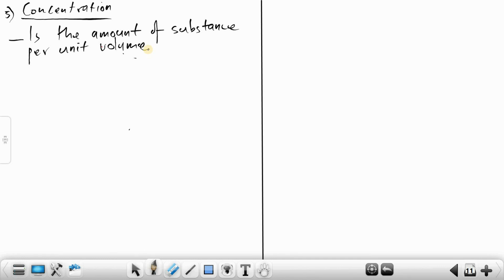And we say the equation or the SI unit for this one, it's mole per decimeter cubed.